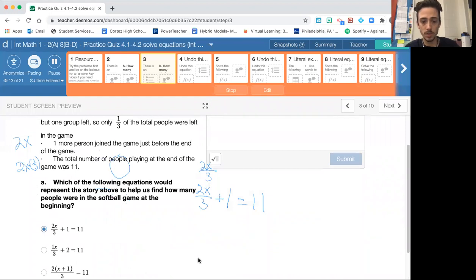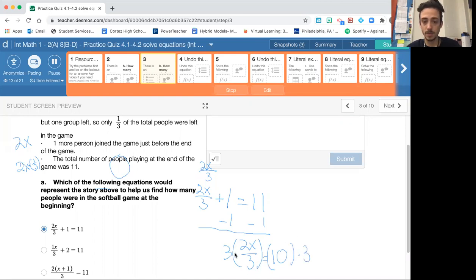If we work backwards, originally we were adding 1 student, but now we should be deducting 1 student from both sides, getting you 2x over 3 equals 10. Back here we were multiplying by 1/3, but now we should be dividing by 1/3, or in this case, multiplying by 3.